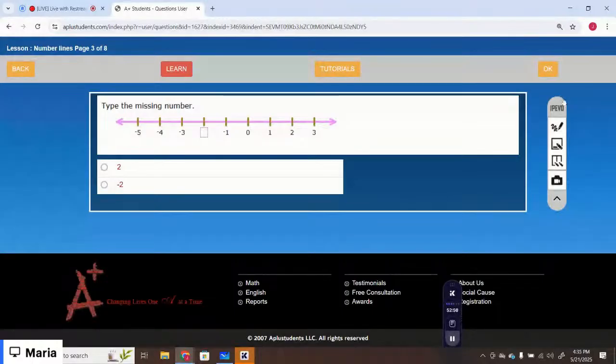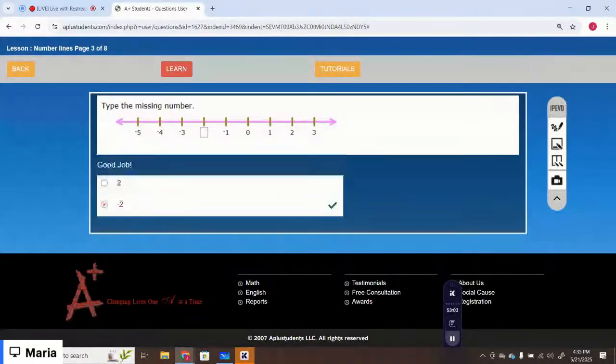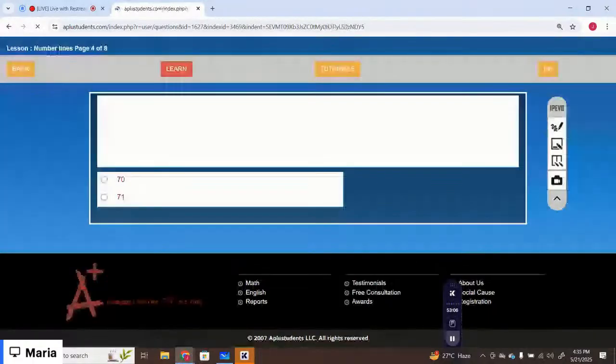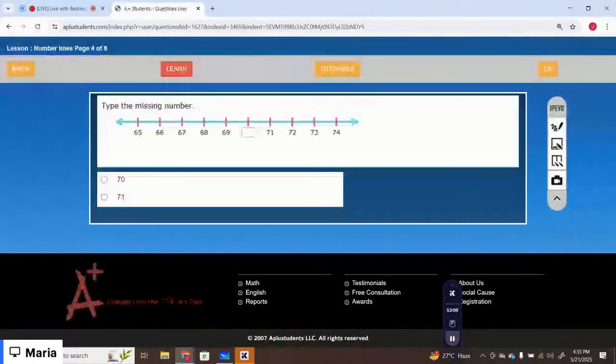That is negative two. Option number two is the correct option. That is 70.